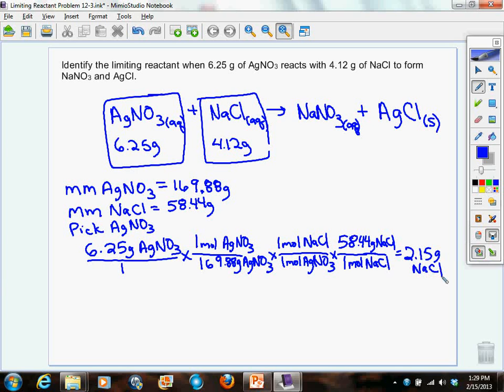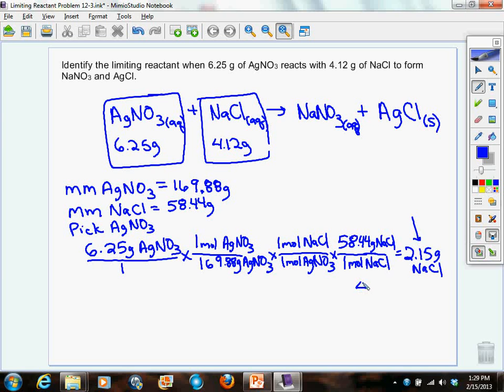Well, let's see here. If I use up all of my silver nitrate, the AgNO3, all 6.25 grams, I'm only going to need 2.15 grams of sodium chloride. What that tells me is that I have excess sodium chloride.